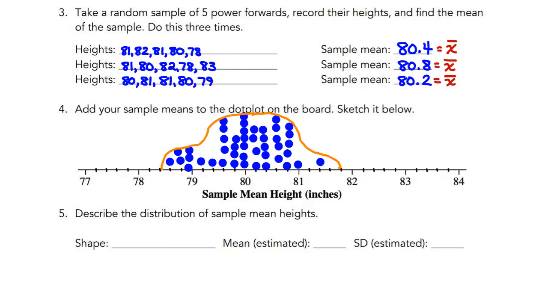I think it's very approximate, very rough here. But I think if we did more samples or we had more people that were doing samples, it would begin to take on more and more of an approximately normal shape. This is approximately normal. I know ours doesn't look exactly approximately normal.